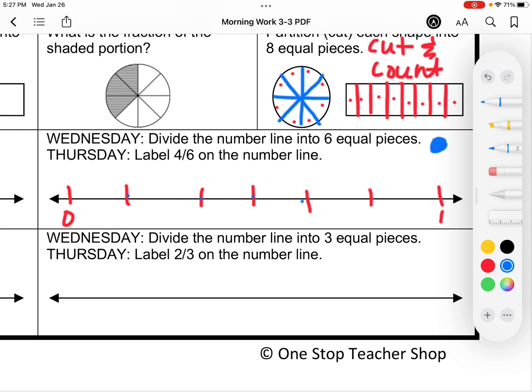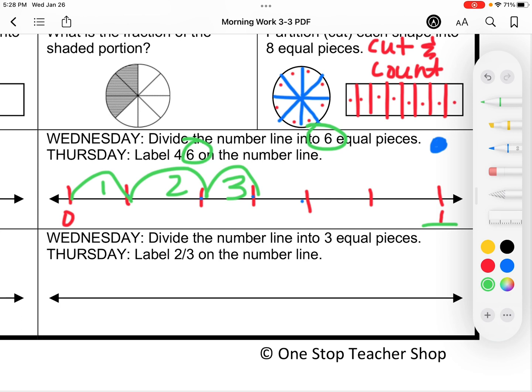But I think what happened is a lot of times when kids do that, they accidentally count that as 1. Even though it's labeled 0, they count it as 1. So what I would suggest is actually jump 1, jump 2, jump 3. And we know that the denominator is 6 because we cut it into 6 equal pieces.